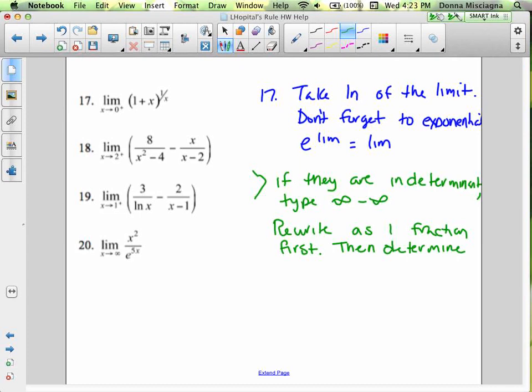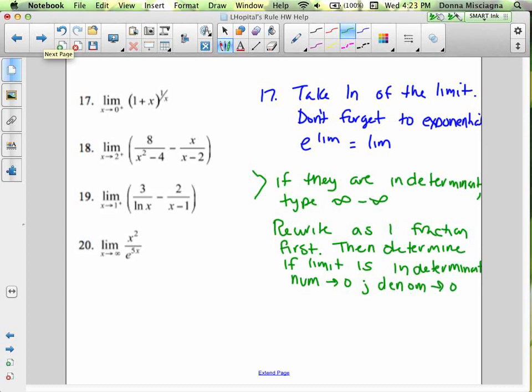So then determine if the limit is indeterminate, the numerator approaching 0, denominator approaching 0. And if so, you can use L'Hopital's rule.